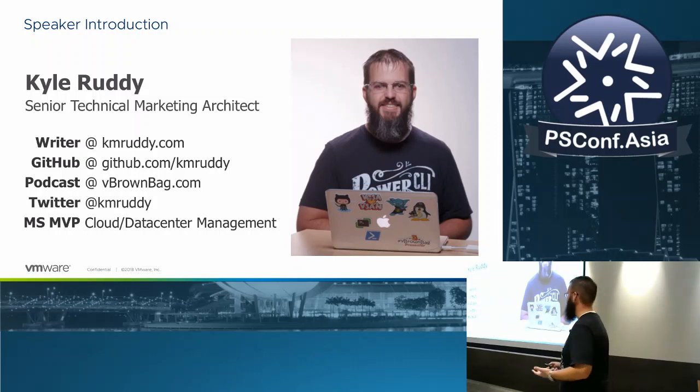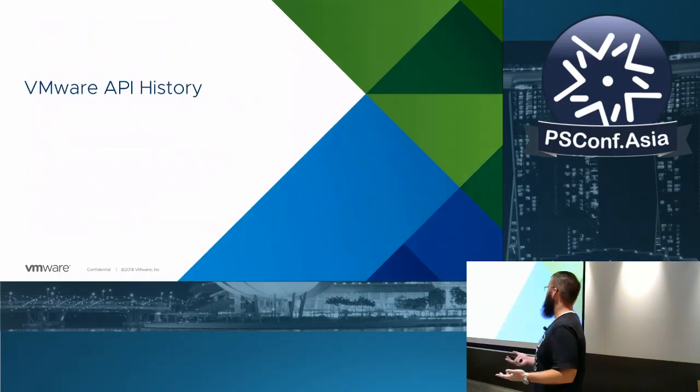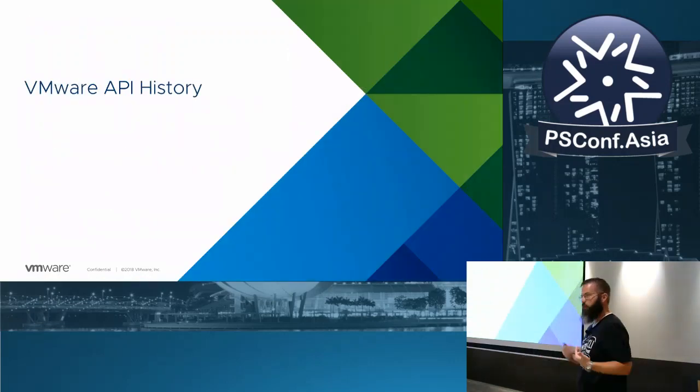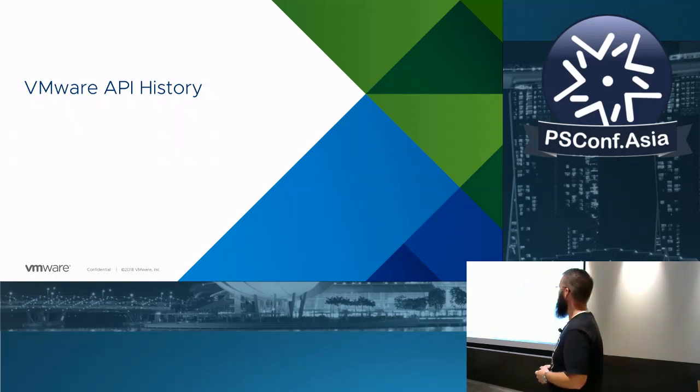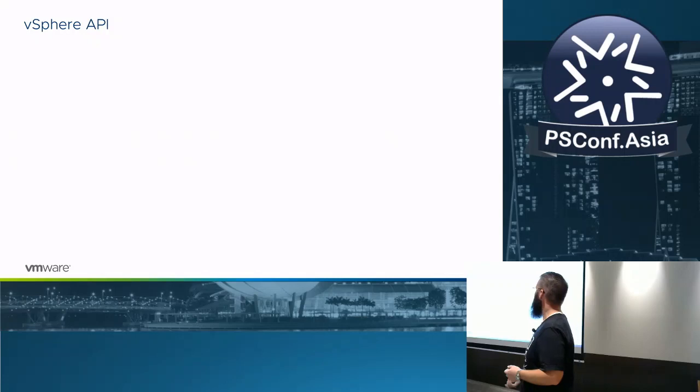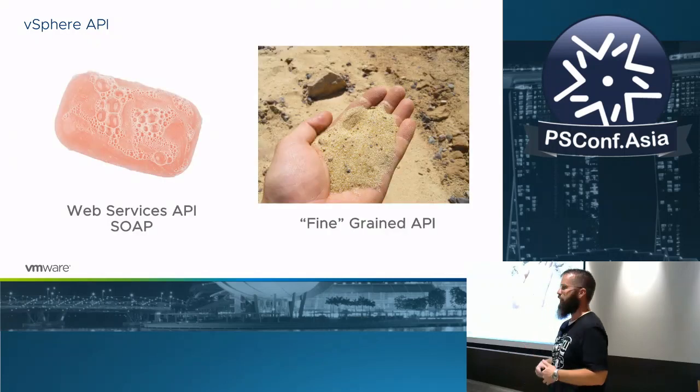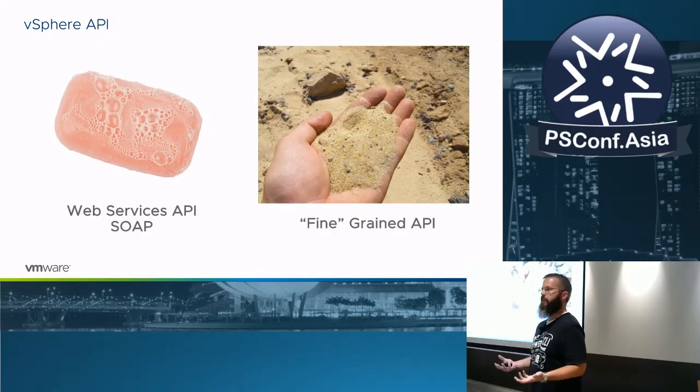That was very exciting. So a little bit about the API history to kind of show you what we're working with when we're going through and talking about generating these commandlets. So for the most part, we've been known as a SOAP API for vSphere. I should also say that for most of this, I'm talking about vSphere.